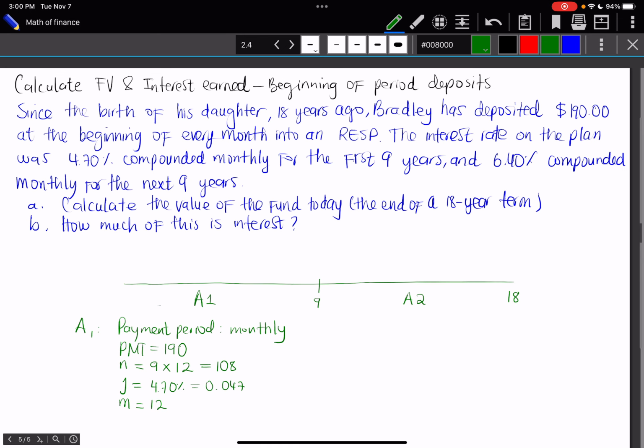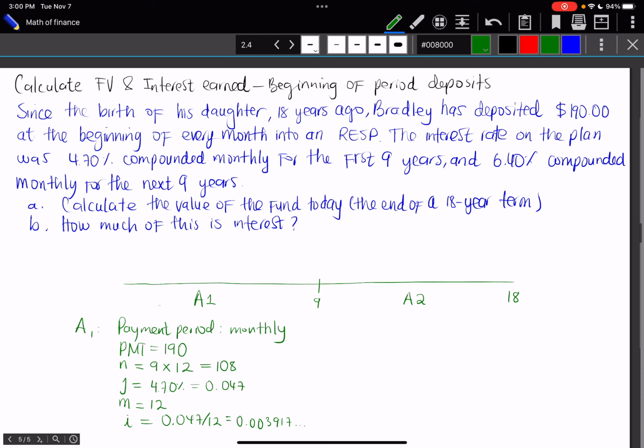So for the first annuity, the corresponding periodic interest rate is 0.047 divided by 12. And that gives us the number 0.0039 and some other digits.